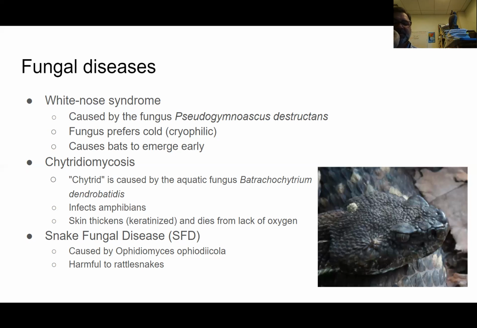So snake fungal disease is caused by Ophidiomyces ophidiocola. So wherever you see Ophidia, it means snake, and myces means fungus. This is particularly harmful to rattlesnakes, and this is a rattlesnake I found on state game land just outside of Jim Thorpe in Pennsylvania. And you can see 2 small lesions on its head.